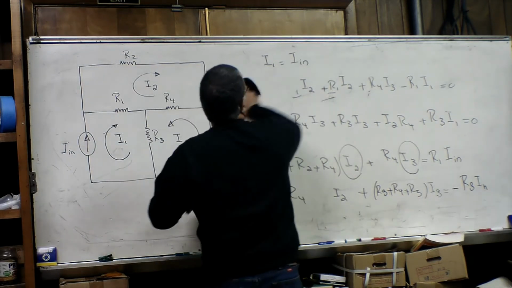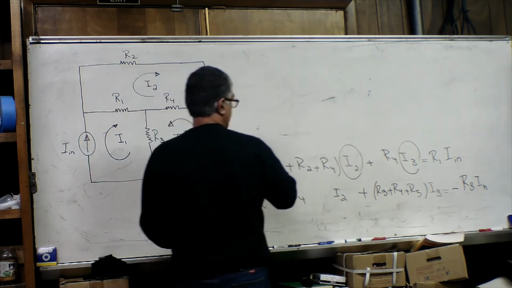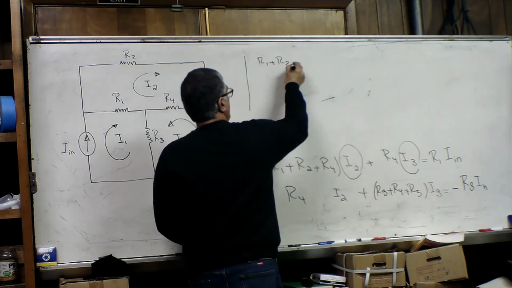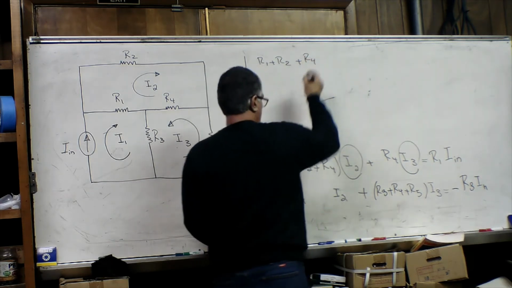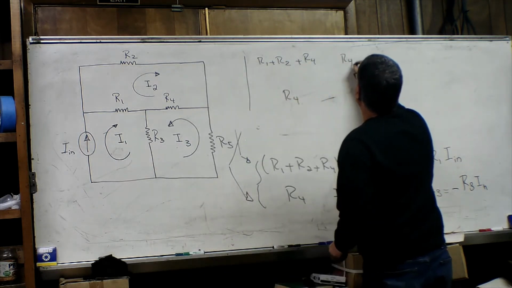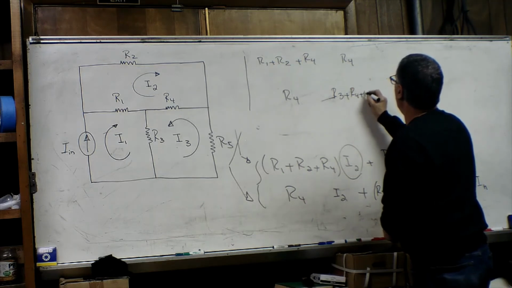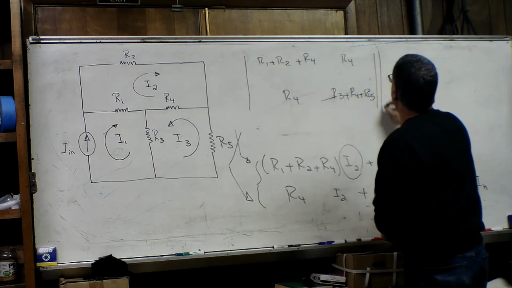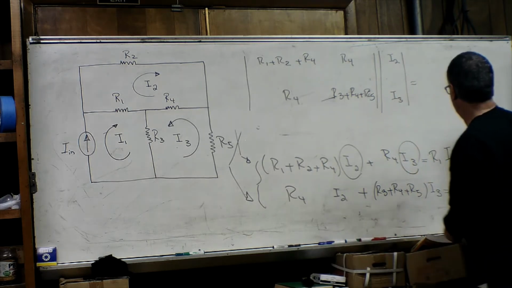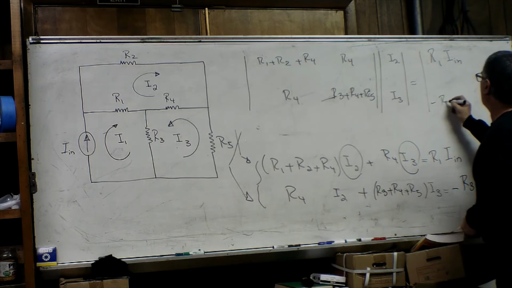So we can write these two equations as R1 plus R2 plus R4, R4, R4, R3 plus R4 plus R5, and we have I2 and I3 equal to R1 I in minus R3 I in.